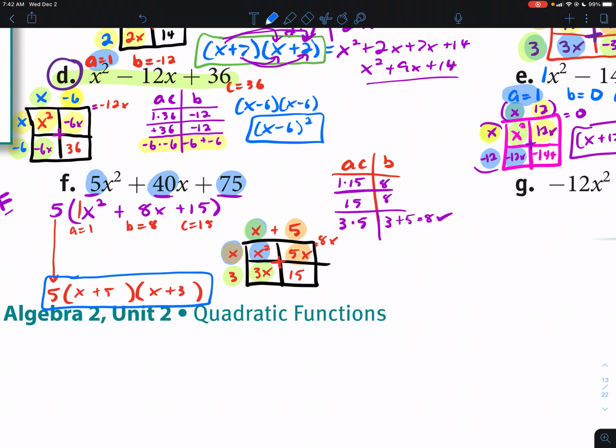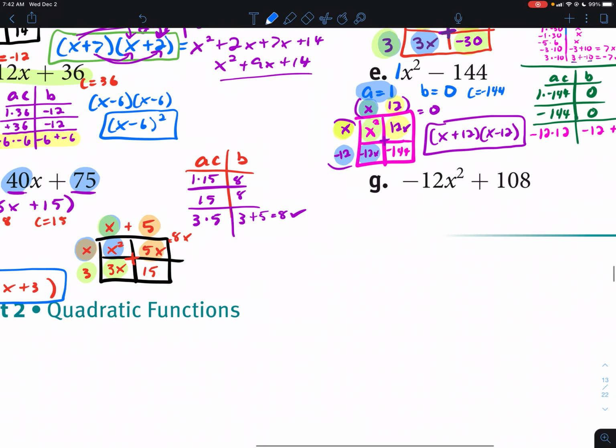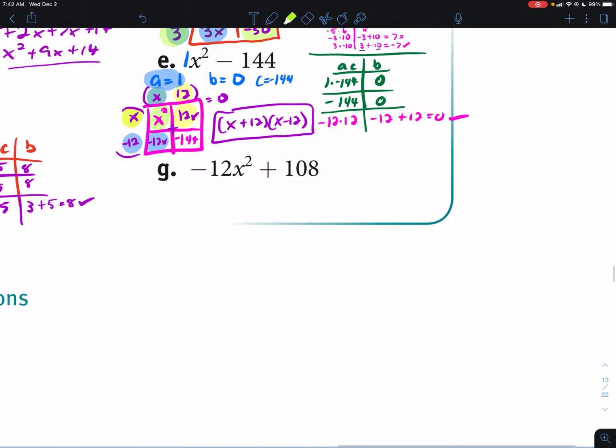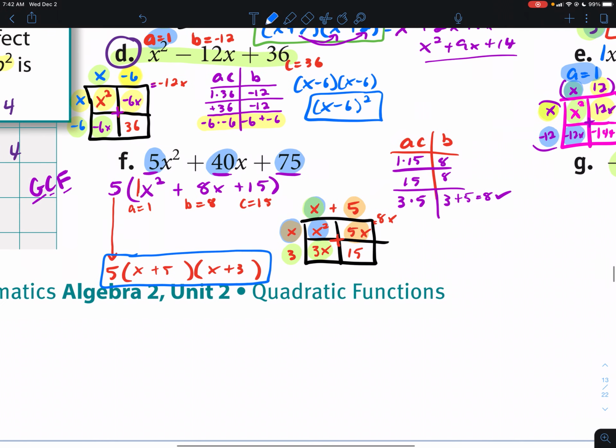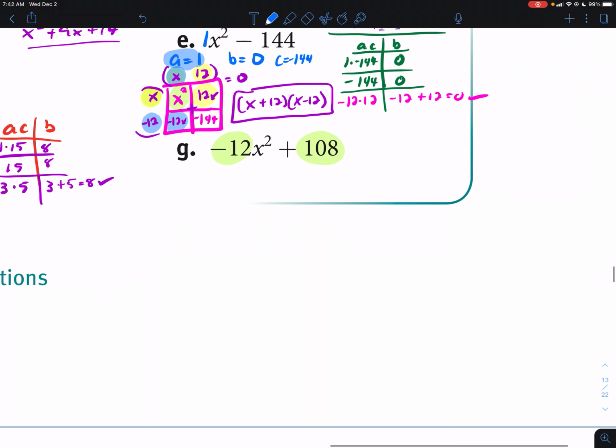Now we've got one more example. So we've got negative 12x squared plus 108. So like I said before, it's going to be kind of like F, where you don't have 1 in the front. So let's see if there's a GCF. Can I divide both of these guys by negative 12? So obviously this one would just be x squared.